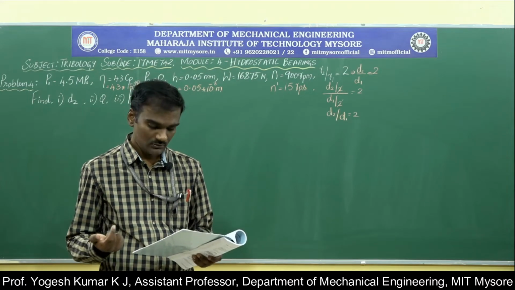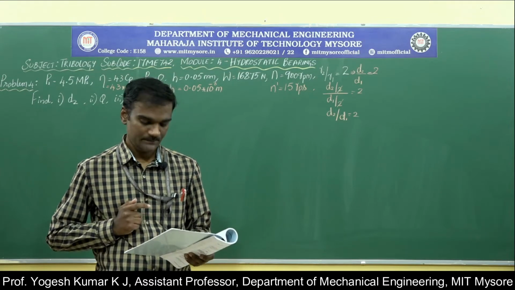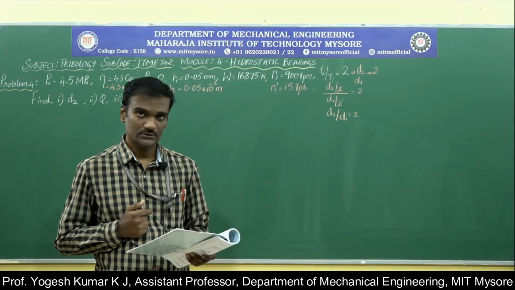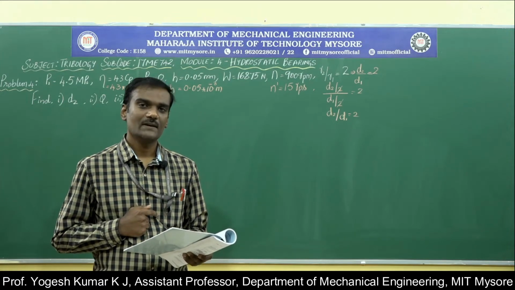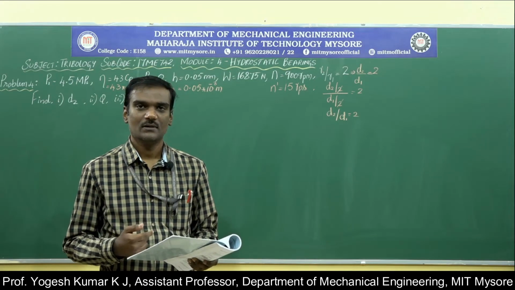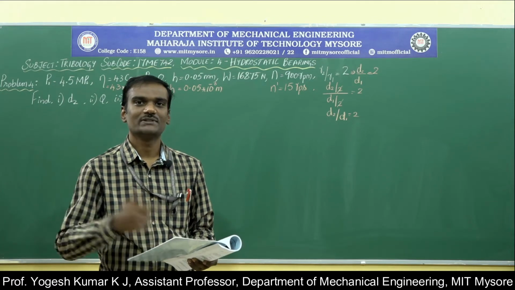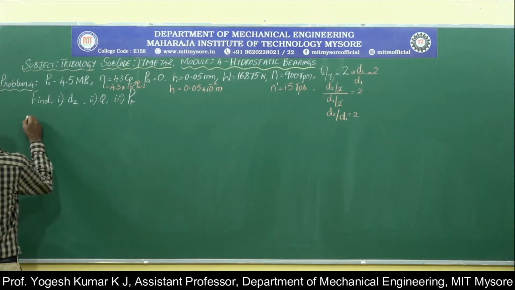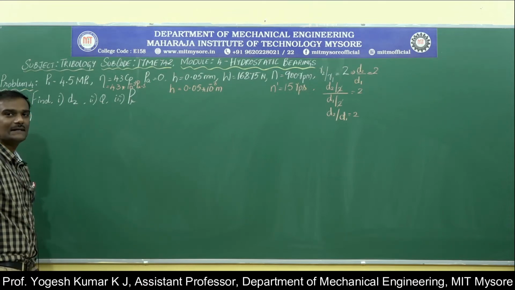So should I use the pressure or the load carrying capacity equation? If you observe carefully, both are the same, just a modification of each other: if P naught is in terms of W, W is in terms of P naught. You can use either one. Now I will use the load carrying capacity equation to determine the diameters.